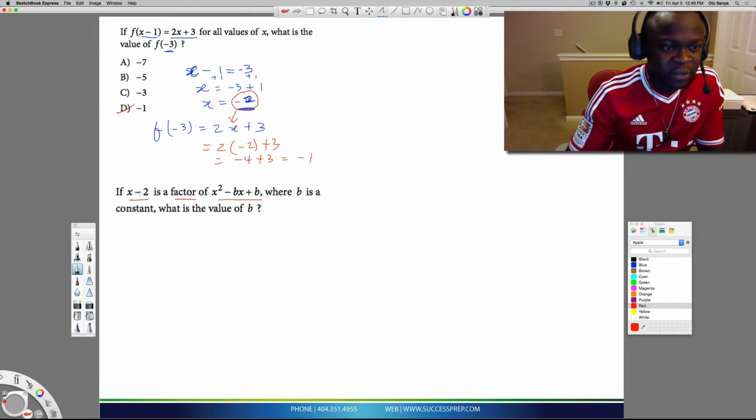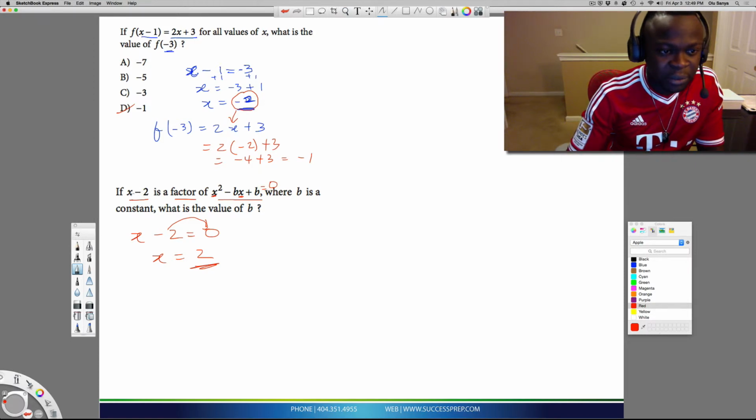Whenever it says that x minus 2 is a factor of a quadratic, it means if you solve x minus 2 equal to 0, x is 2. When you move this minus 2 over here, it gives you 2. It means if I plug in 2 for my x values here and here, it makes this whole thing equal to 0.